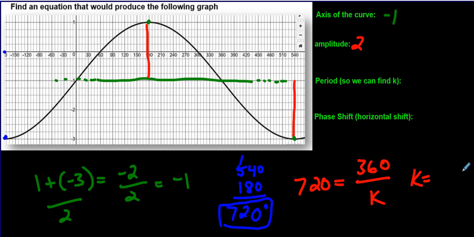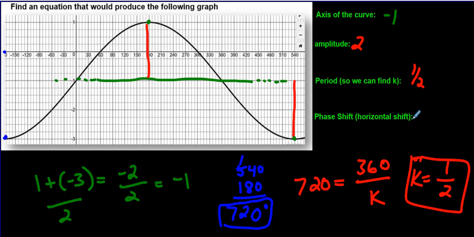So you end up getting k is equal to 1/2. So 360 divided by 720 is 1/2. I just don't have a lot of room here to do that. Hopefully that makes sense to you. But 1/2 is going to be the value that we put for k in our equation.